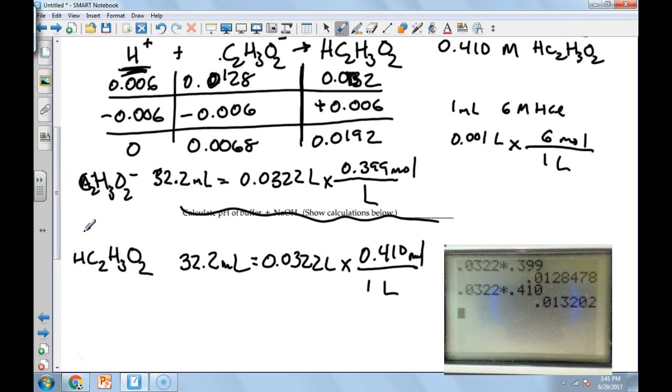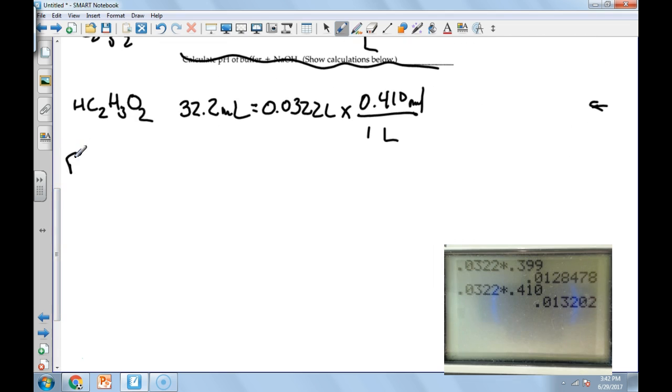But that doesn't get us to the pH, because what we can do from there is take this and do our equilibrium step. Our equilibrium step shows us how it goes back to the acid-base reaction, where we take the weak acid, acetic acid, plus water.